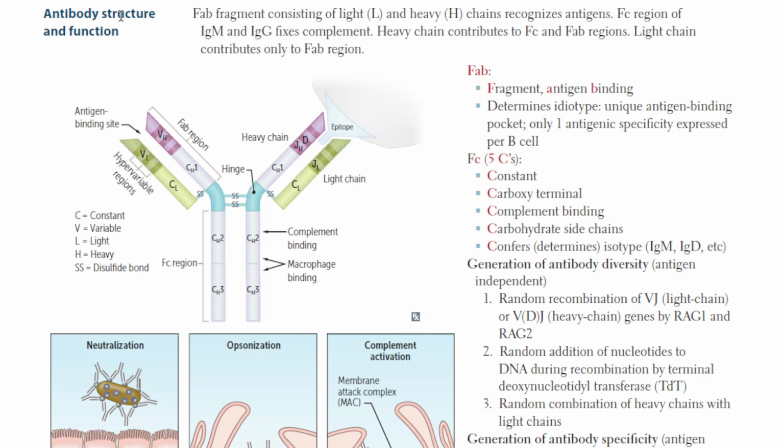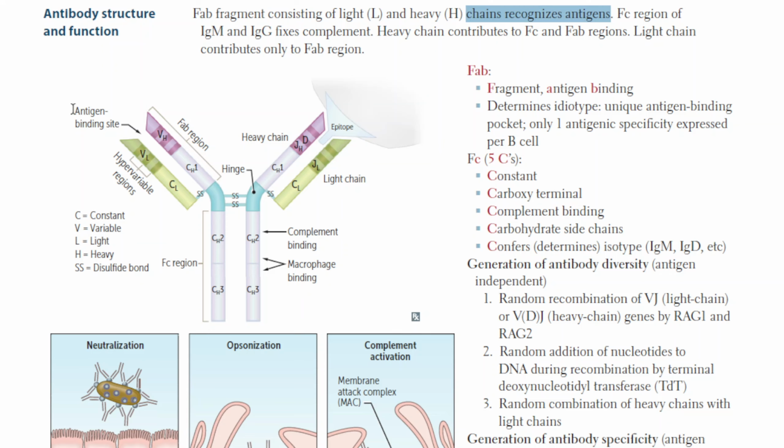So let's read the antibody structure and function. The Fab, the antigen-binding fragment, consisting of light and heavy chains, recognizes antigen. The Fab region is formed by the heavy chain and the light chain, and this is the portion that recognizes antigens.